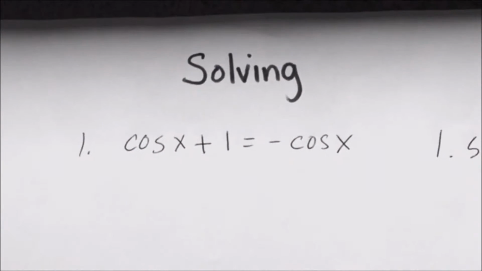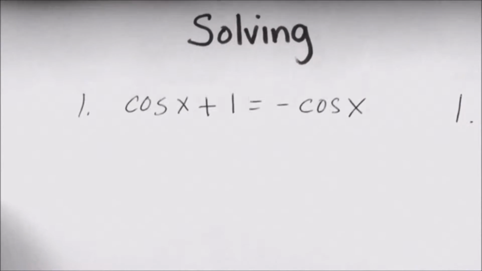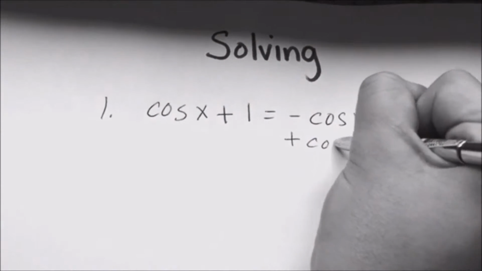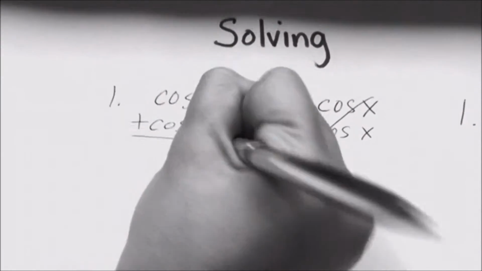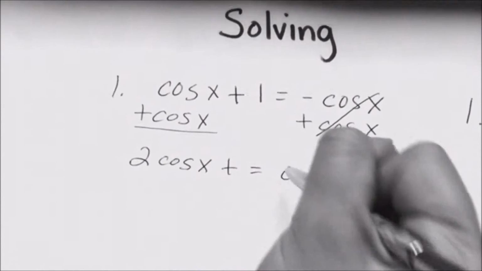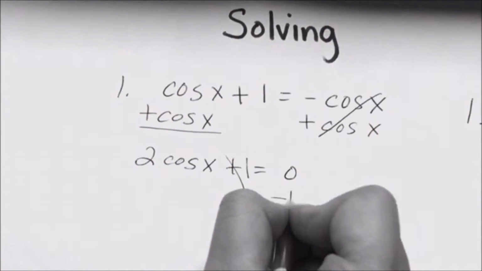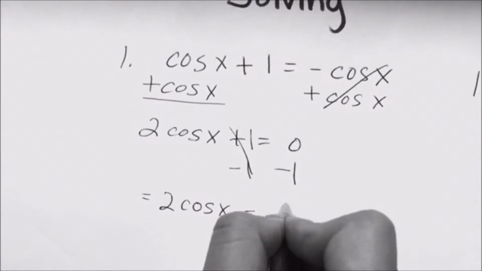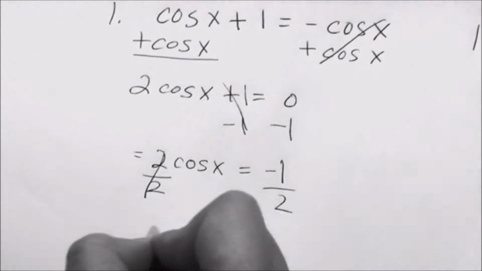Now we're going to be solving. So, let's see what we can do. First, you gotta move the variable to the one side and the number itself to the other side. So you add cosine x to the cosine x, and you'll get 2 cosine x. And then you move the negative 1 to the other side, and you'll get 2 cosine x equals negative 1. And then you divide 2 and 2.